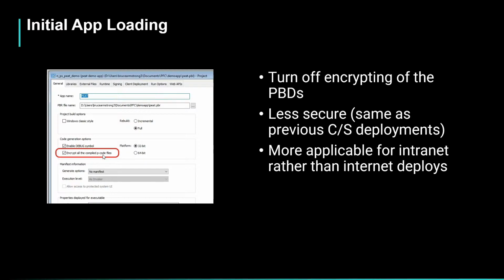If you're deploying to the internet, though, you might want to turn that on just to protect your source code. But that is one option that would speed things up, because if the P-code files are encrypted, that means that when the app is initially loading, it has to decrypt those files. And not encrypting them to begin with would save that step.